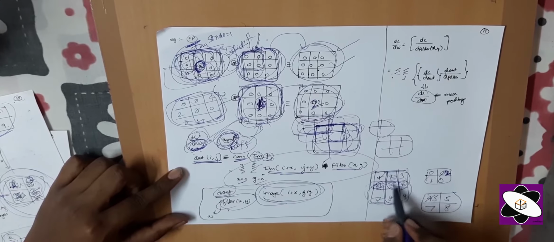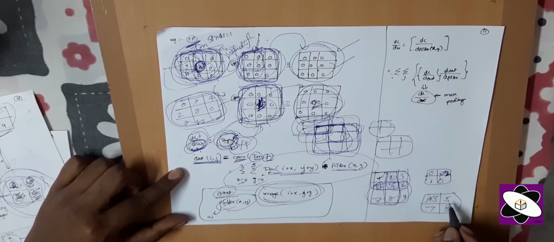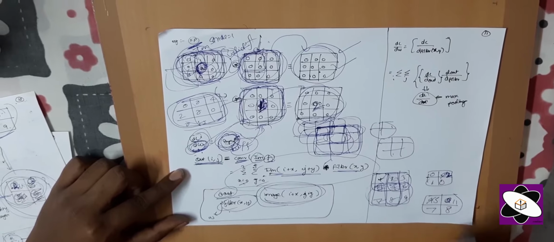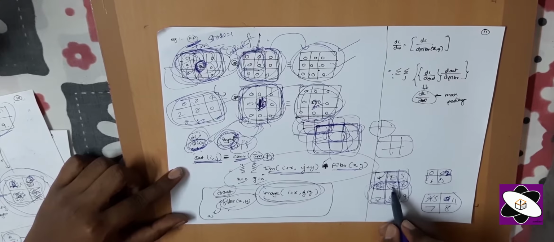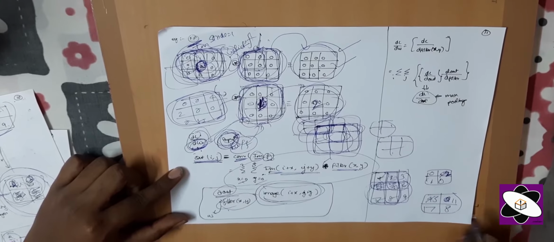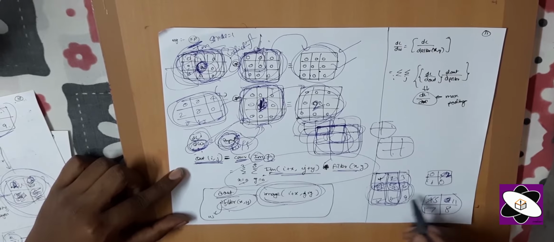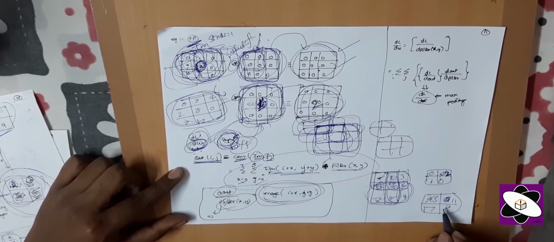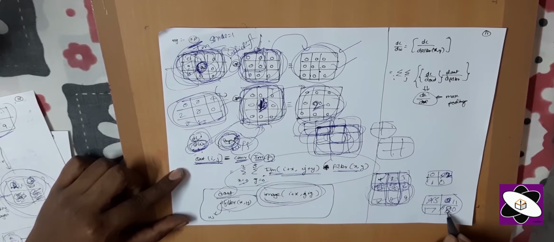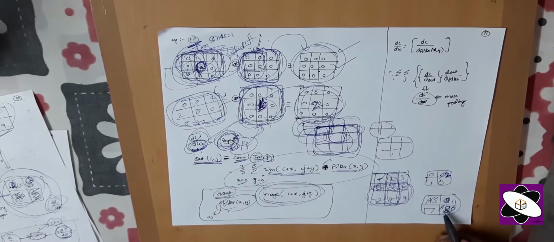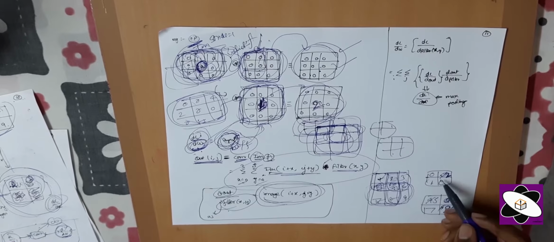And over here 3 into 2 is 6 plus 5, 11. Here, if we go, we will get 2 into 5 is 10 plus 7, 17. If we go over here, we will get 2 into 6 is 12 plus 8, so 20. So we get 20, right? Previously it was 8, now we get 20. So we are not getting the 1 2 values.